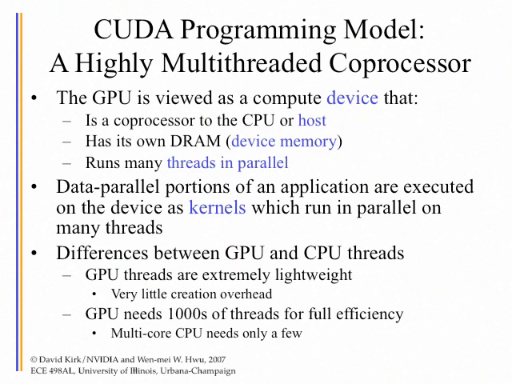Okay, now, the CUDA programming model is, again, essentially a CPU plus a highly multi-threaded coprocessor. And the GPU is viewed as a compute device. I already went over that, right? And it is a coprocessor to the CPU, and CPU is called a host. The GPU has its own DRAM. The board that you're using this semester has 768 megabytes of DRAM on the GPU board.